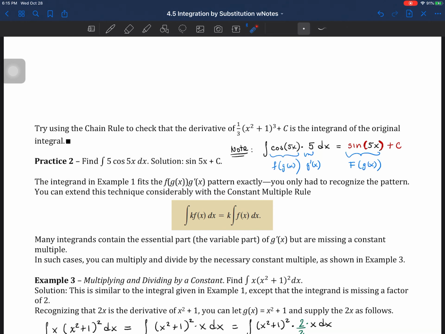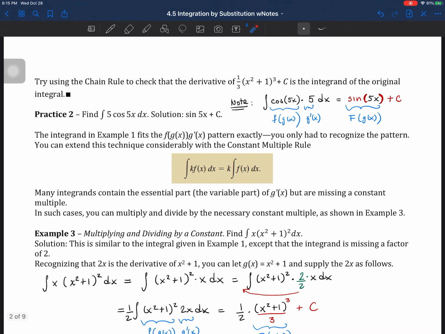I remind you that in the previous sections we discussed the constant multiple rule, which states that you are able to factor a k out of the integral without changing the value. So that means if you have a constant here, you can factor it out.